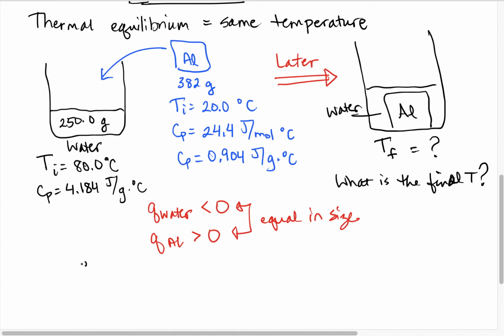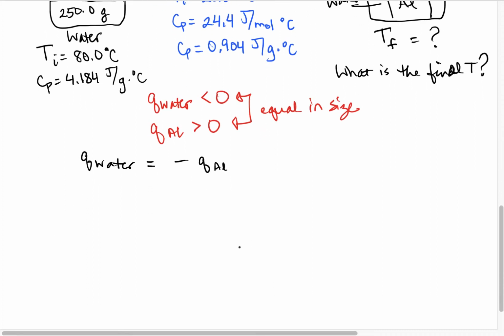So that means that Q water will be equal to minus Q aluminum. And again, you can put the negative sign on either side. It does not matter which one. It will work out the same either way.